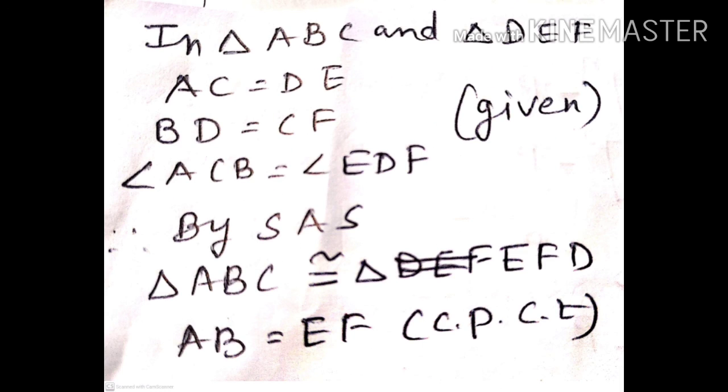As you can see in our proof, in triangle ABC and triangle DEF, AC is equal to DE, BC is equal to DF, and angle ACB is equal to angle EDF, which is given already. So by side angle side, triangle ABC is congruent to triangle EFD. Using the equal sides I have written, you can see AB is equal to EF by CPCT. So here we have completed all the answers of our worksheet.